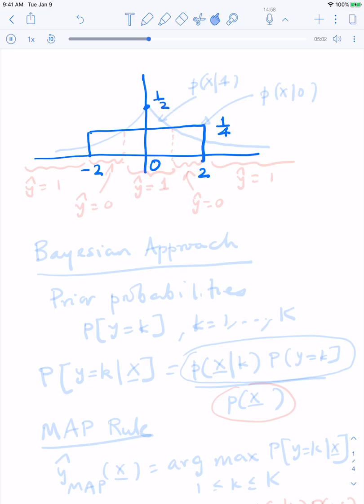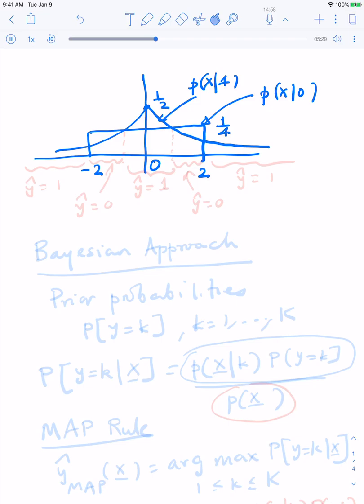We can check that it decays like this. Basically it will look kind of like this. I should probably have done different colors. This is P of x given 0. This is P of x given 1. And let me switch colors now to red.